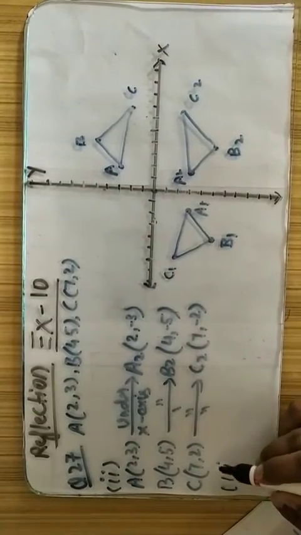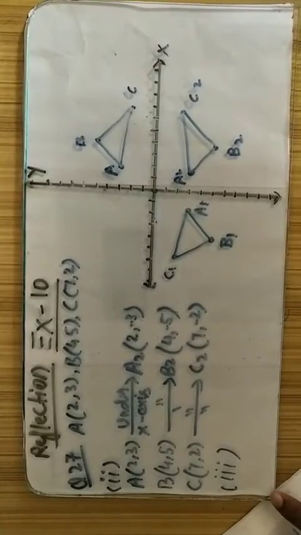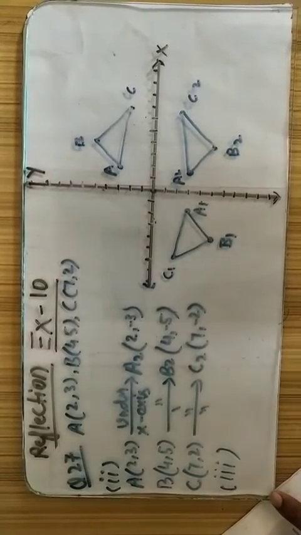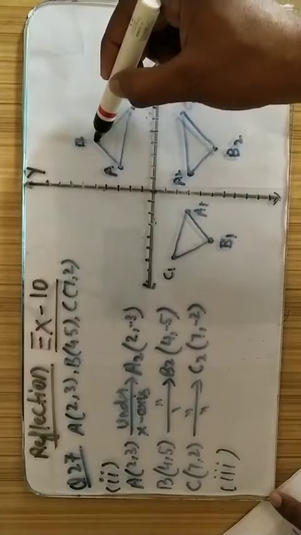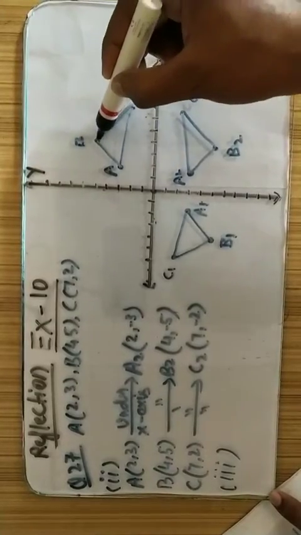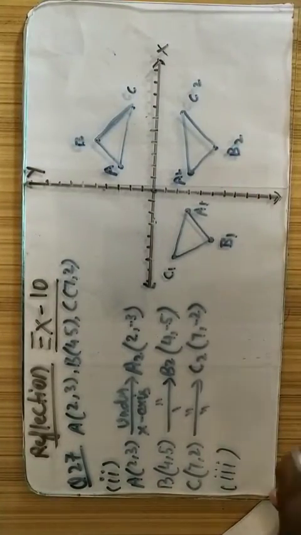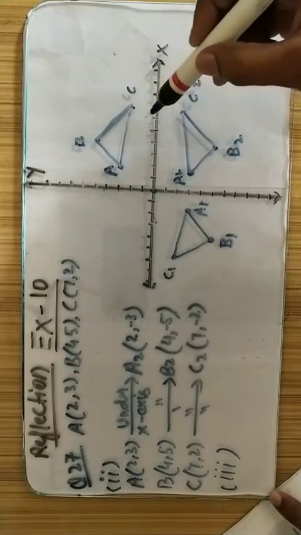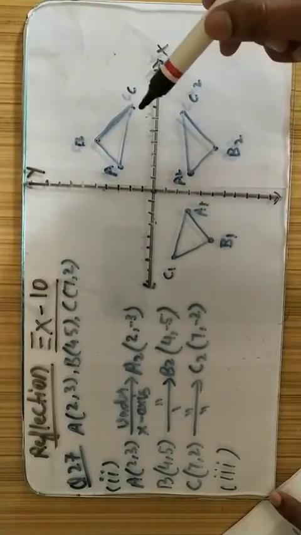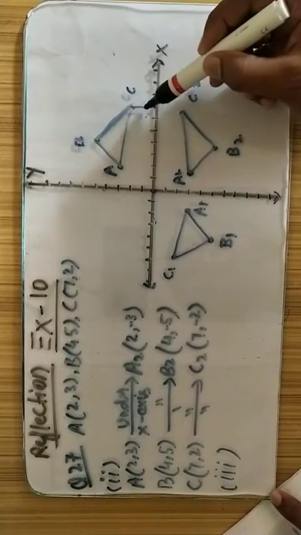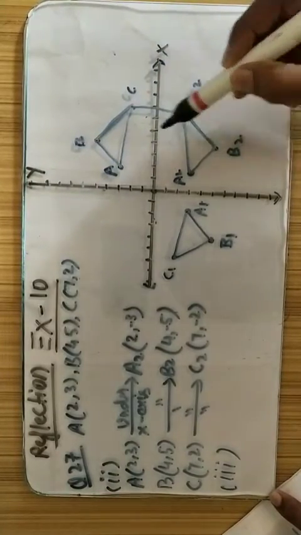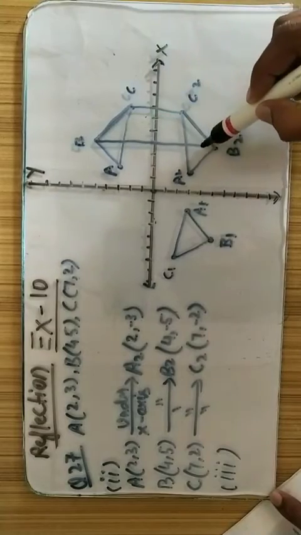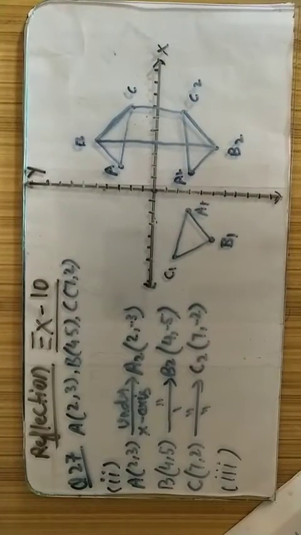Now the third part he is asking, assign the special name of the quadrilateral BC C2 B2. This is BC and C2. So it is directly coming to BC, C2, B2, right? We need to join this and this, and then again this. So we need to assign a special name to this figure.